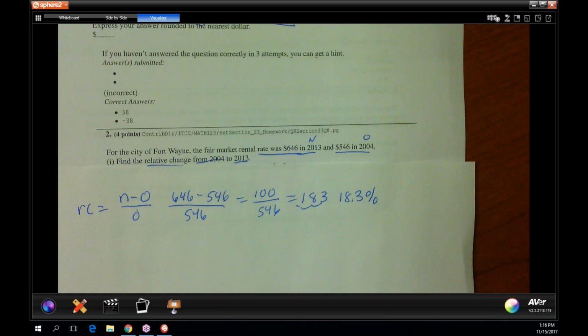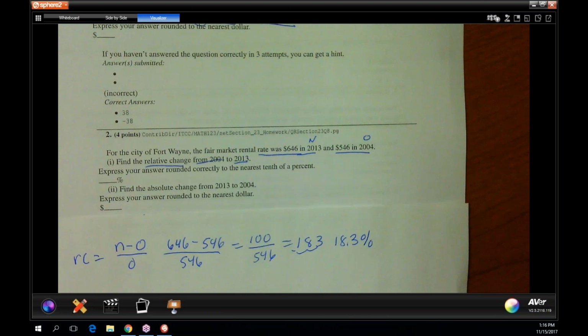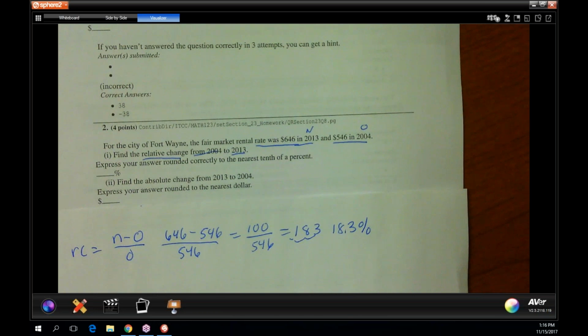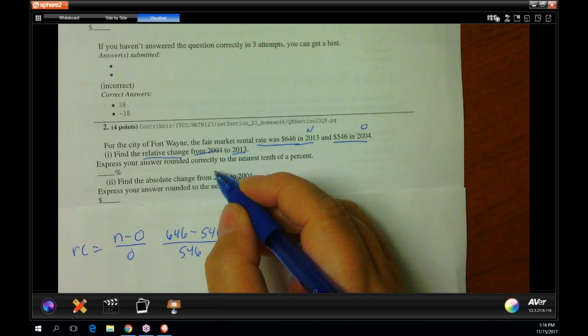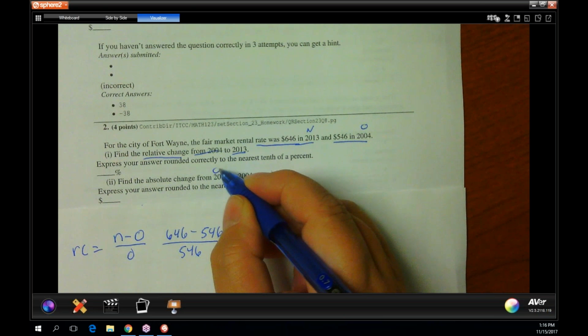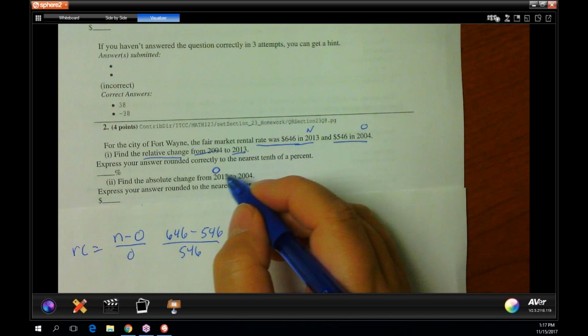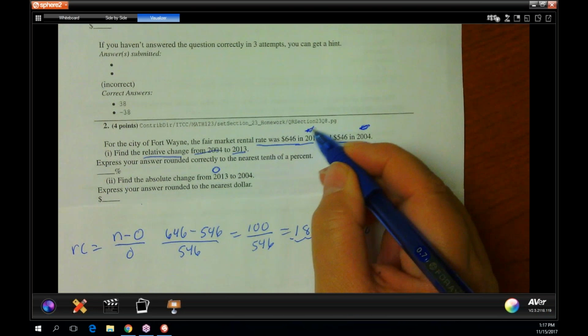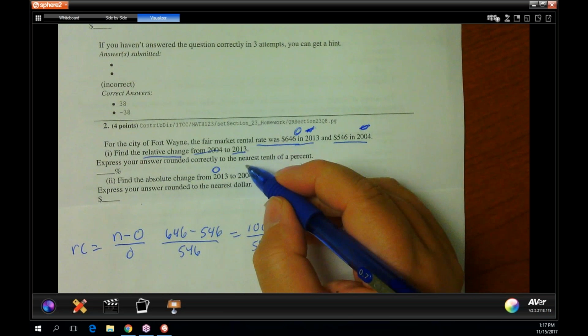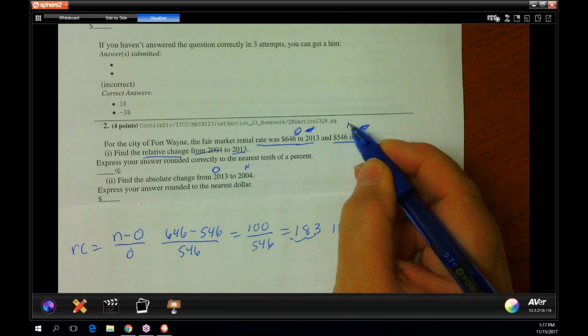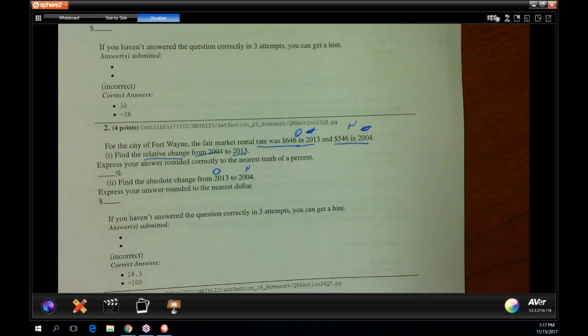Okay. Now the next one is the one that is not in chronological order. From 2013 to 2014. So now 2013 is the old and the new is 2004.